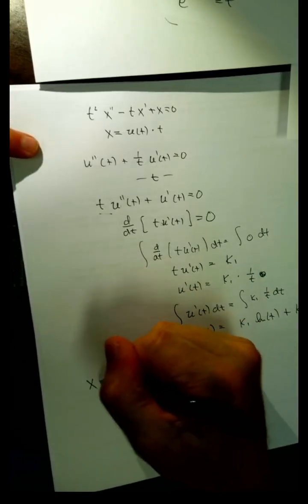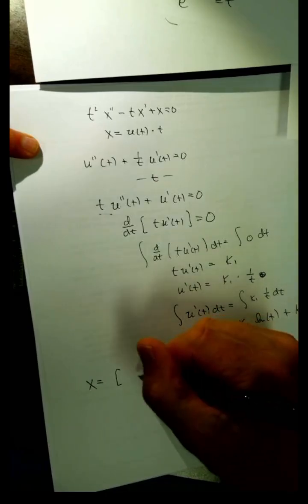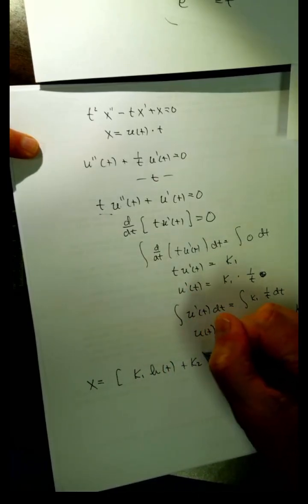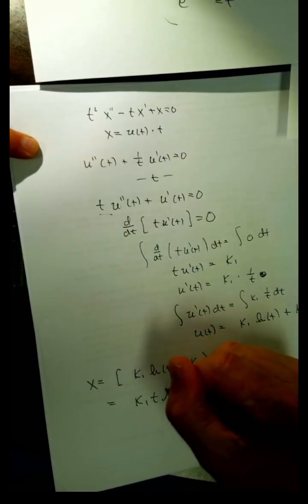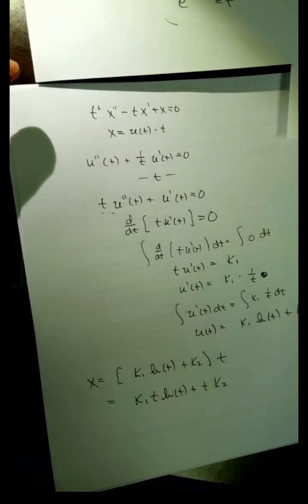So my solution now looks like u of t times t. u of t is k1 log of t plus k2, times t. Multiply that through, I get k1 t log of t plus k2 t.